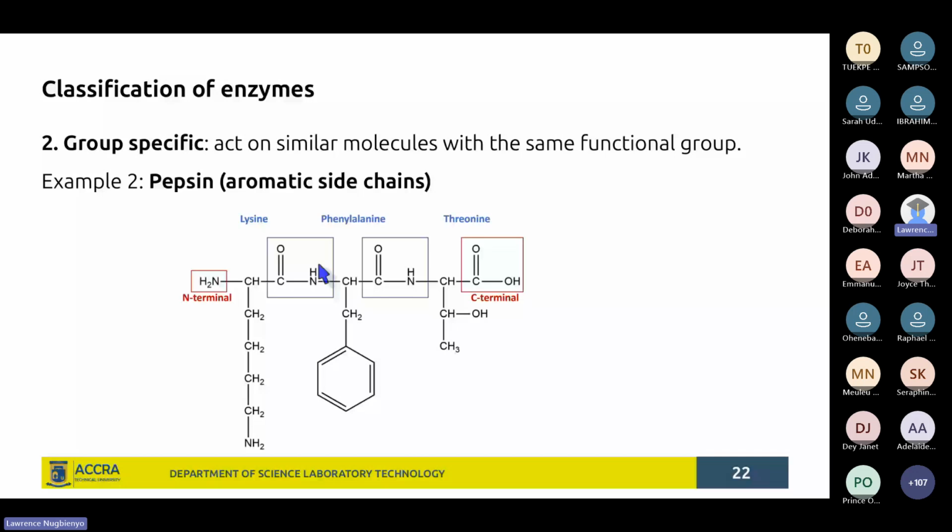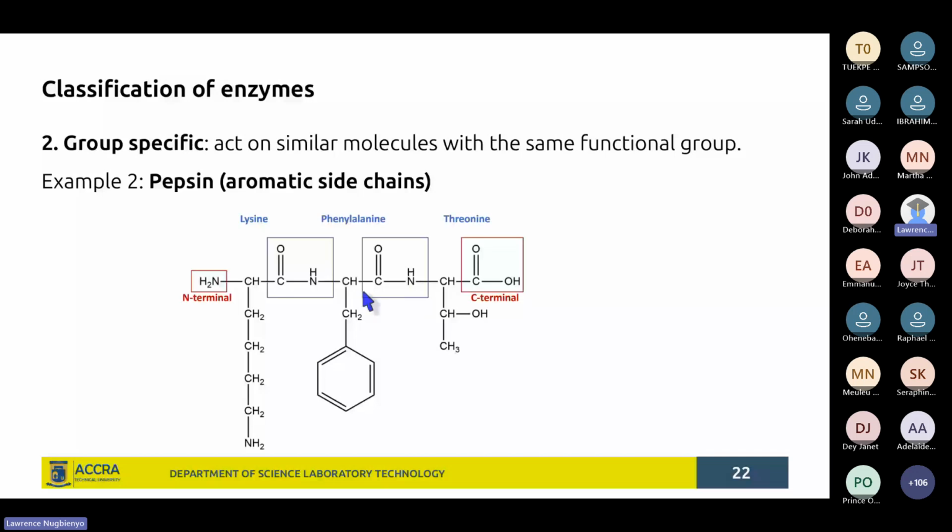And so pepsin will be acting on the peptide bond which is formed between, say, lysine and phenylalanine, and the same between phenylalanine and threonine. So that is specific to the amino acids with the aromatic side chains.